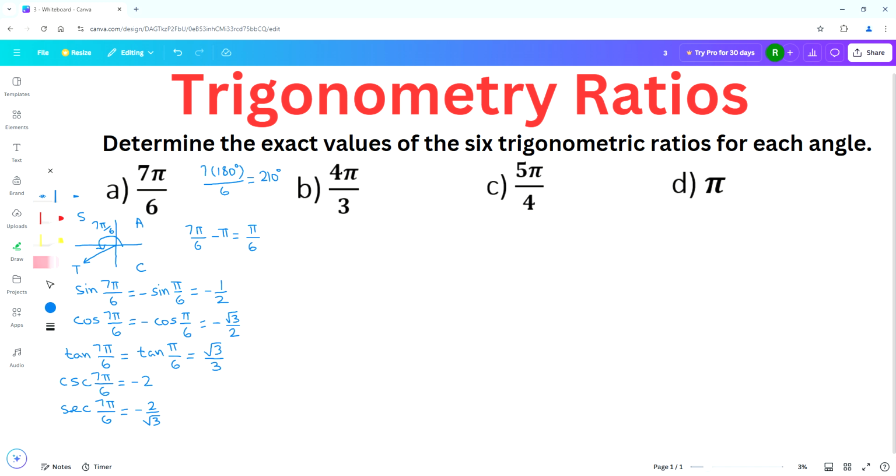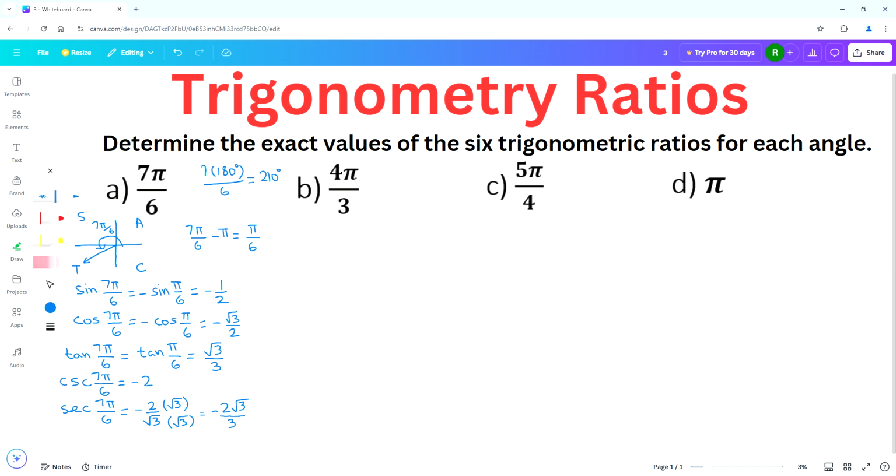We can rationalize this answer by multiplying the numerator and the denominator by square root of 3. I get negative 2 square root of 3 over 3.